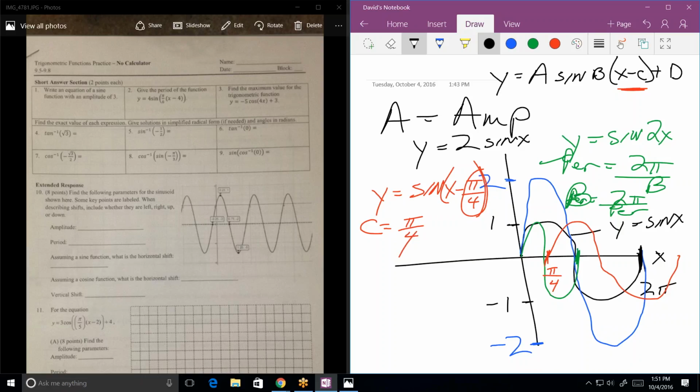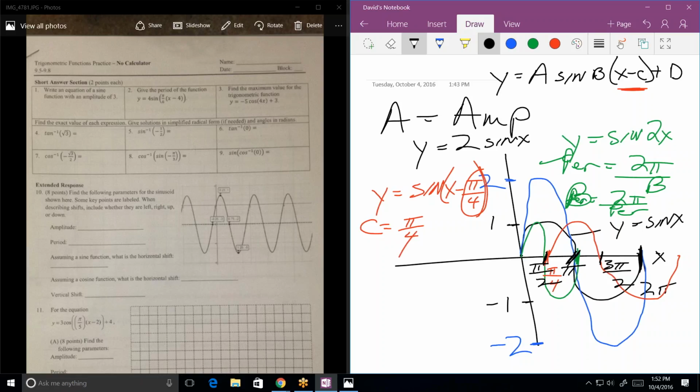By that, I mean if the end of the period is at 2 pi, then halfway through the period is pi, 3/4 of the way through is 3 pi over 2, and 1/4 of the way through is pi over 2. It's very important to be able to quarter up these sinusoidal functions because they're liable to start anywhere. In other words, they might start at 3 pi over 11 and go to 11 pi over 11. And then you've got to quarter it up.